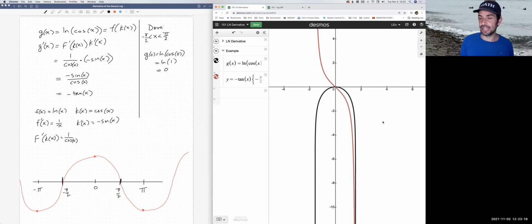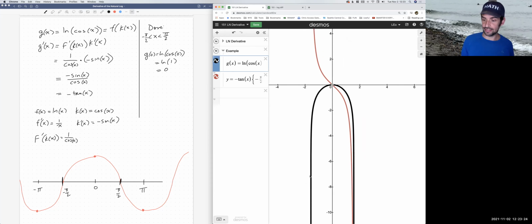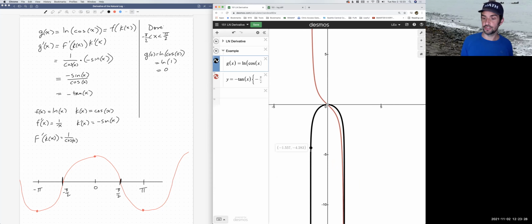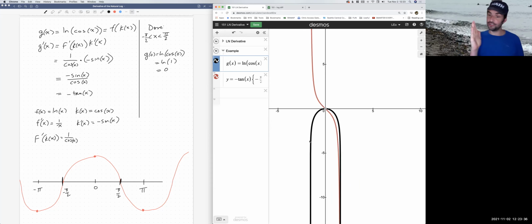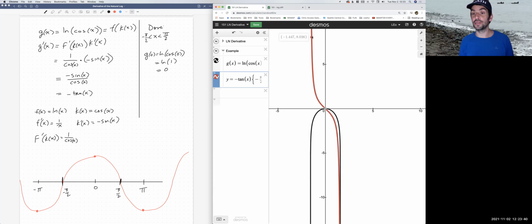And then here is our derivative, negative tangent of x on that same interval. Out here on the right or the left side, if we imagine the tangent line, it's almost straight up. It's very, very steep and positive, and we see that tangent is spitting out very large positive numbers.